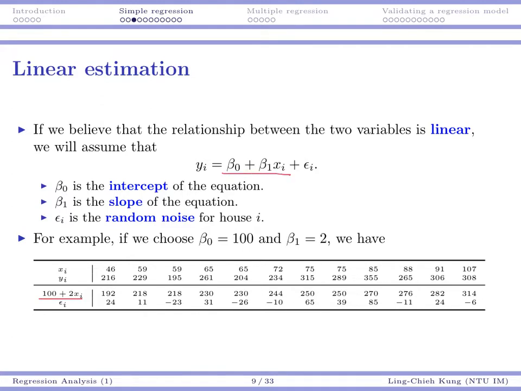Given my choice of beta 0 and beta 1, I can calculate 100 plus 2xi. Then, for each observation, for each house, I have that particular epsilon i as the difference between yi and 100 plus 2xi. Okay, I can calculate epsilon i for all those values.